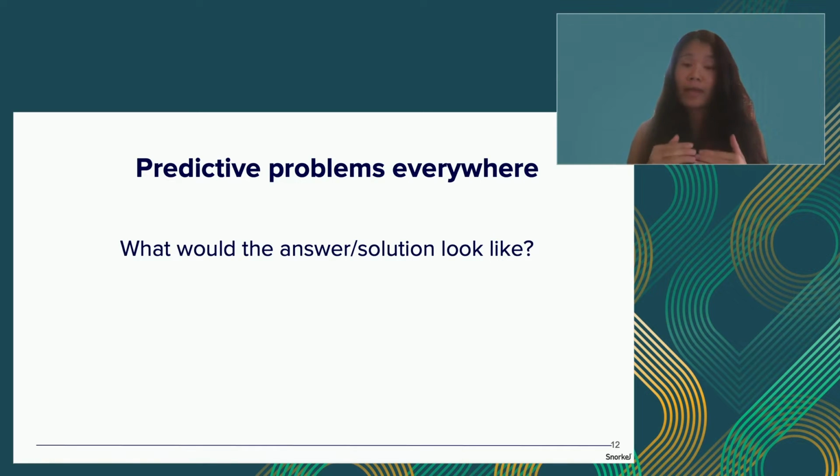You can frame any problem as a predictive problem if you frame it as what the answer to this question would look like, or how the solution to this problem would work. One category of non-predictive problems where machine learning has been applied very successfully is computationally intensive problems, such as graphics rendering.